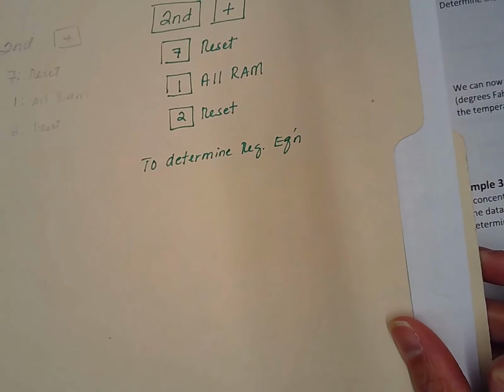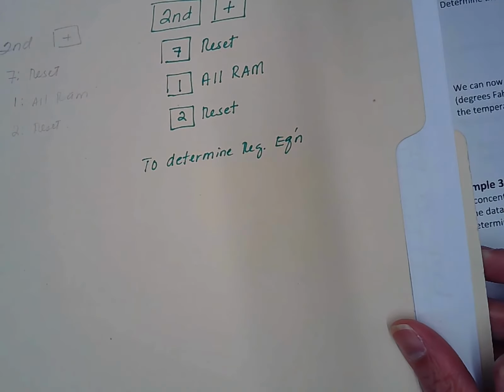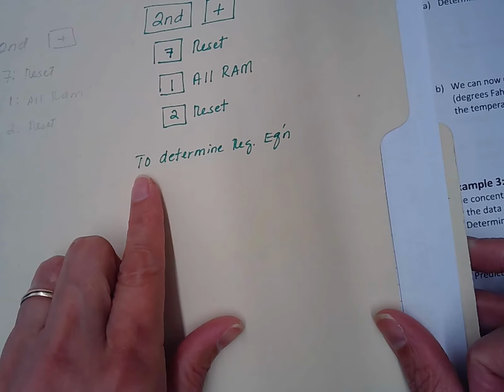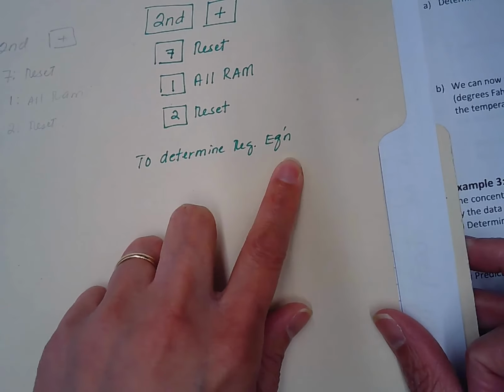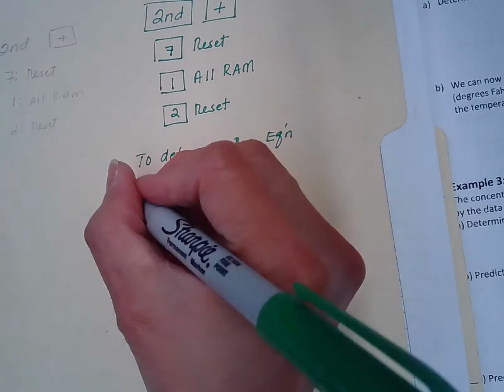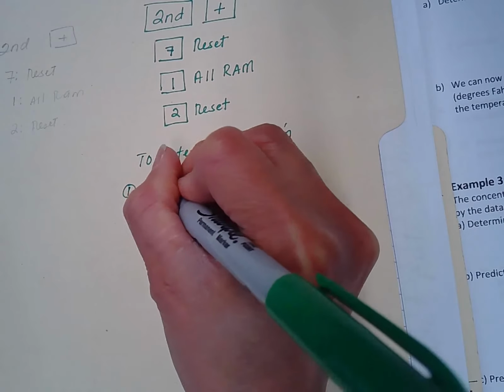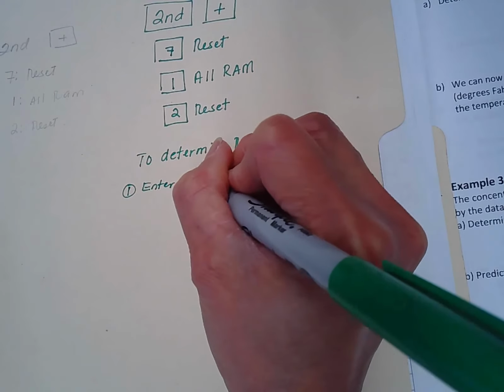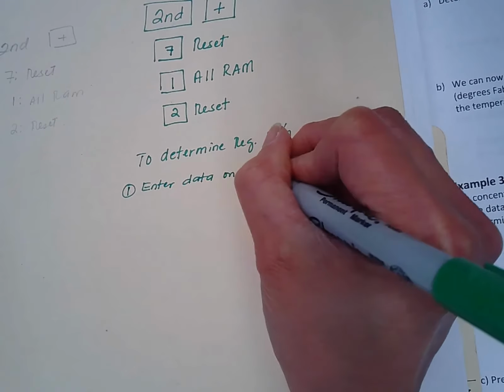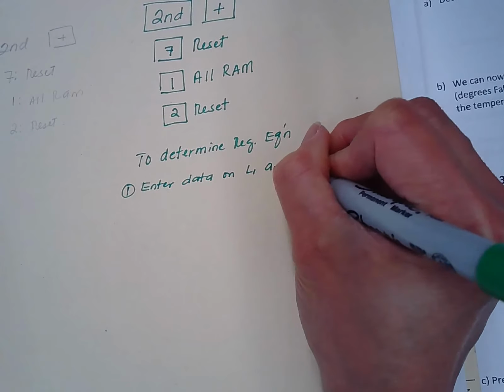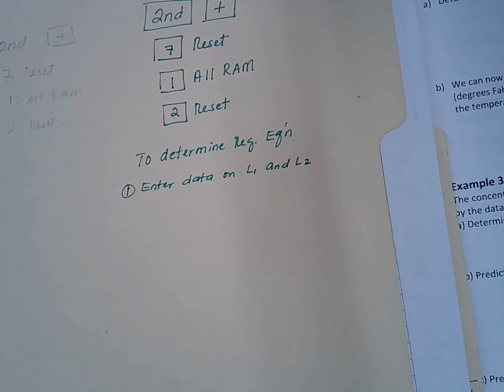Write this on a separate sheet of paper. Write down: to determine regression equation. Step 1: Enter data on L1 and L2. We know how to do that, yes?